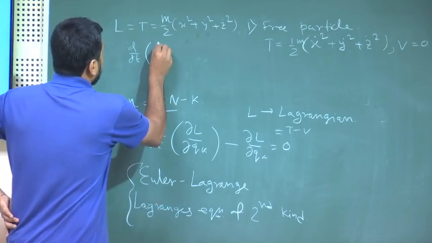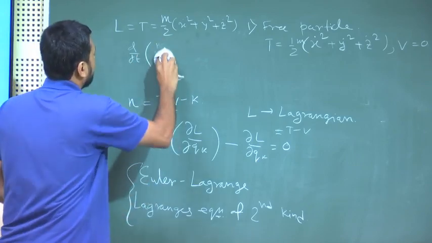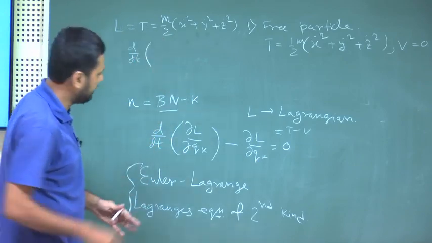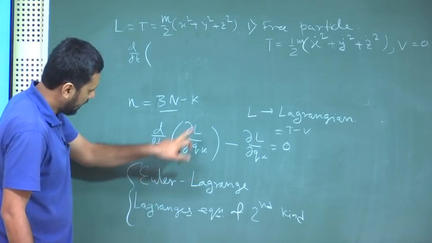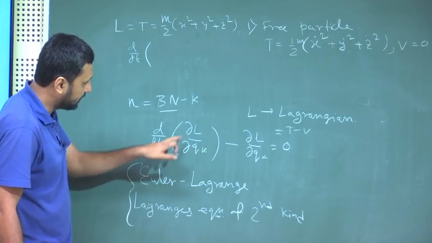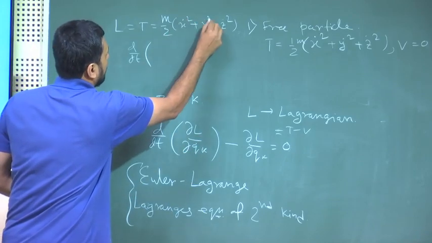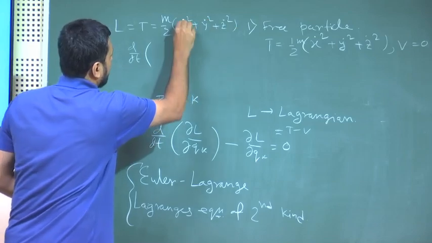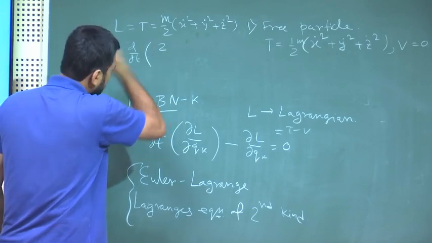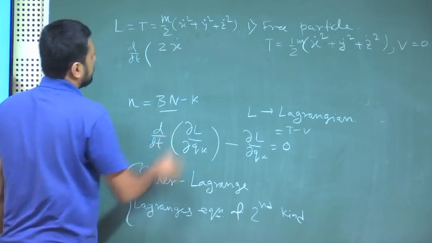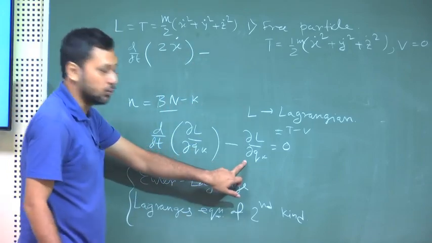So, m by 2 will be common from all, so we can just get rid of it. Del L by del q_k dot, I have to take a derivative with respect to the generalized velocity. The first generalized velocity I encounter is x dot, second is y dot, third is z dot. So, when I take the derivative, it will be 2 x dot, right, d/dt of this minus del L by del q_k.